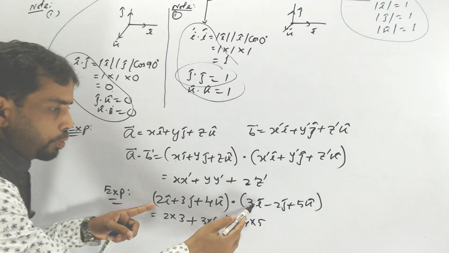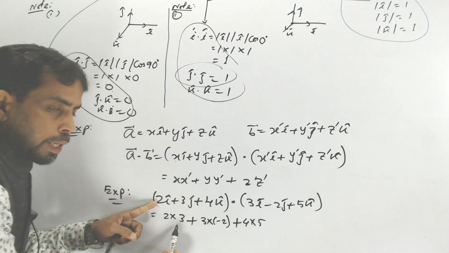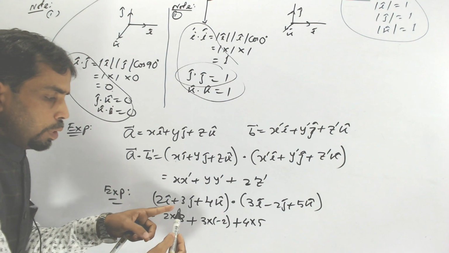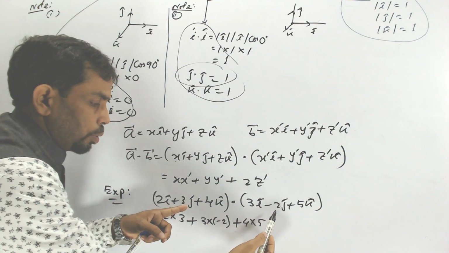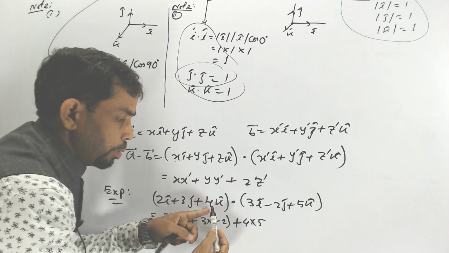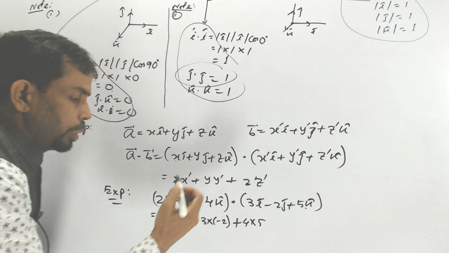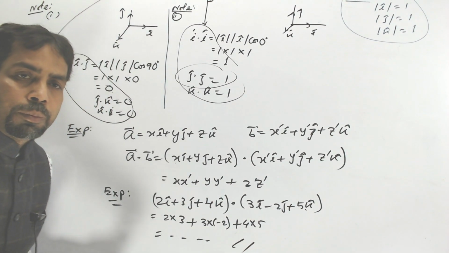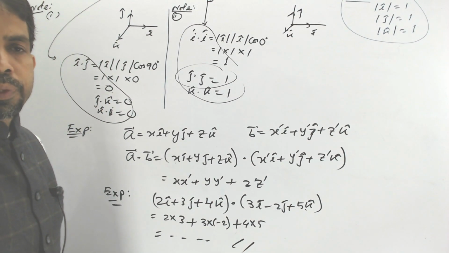Because I dot I is 1, I with j is 0, I with k also 0, and j with j is 1, similarly coefficient of k multiplied with coefficient of k, and if we multiply we will get the answer. So this is how we find dot product between two vectors.